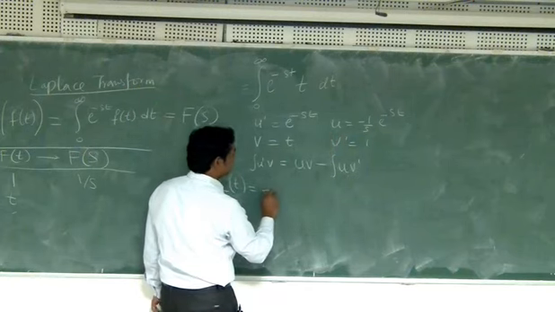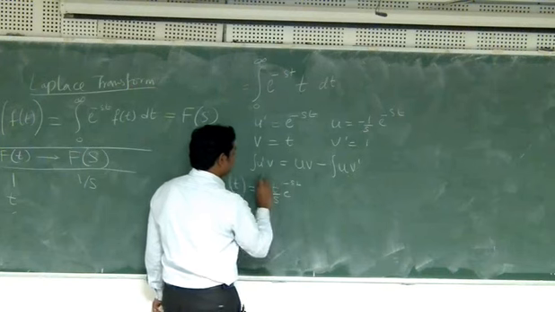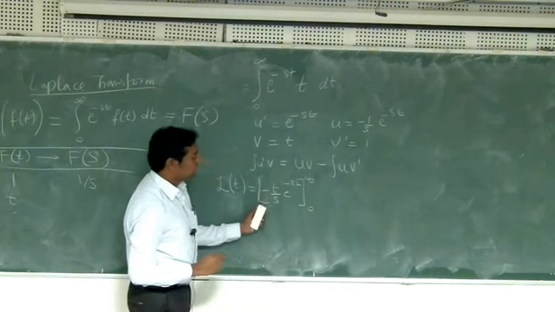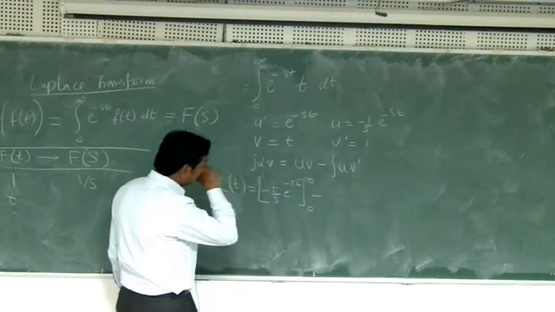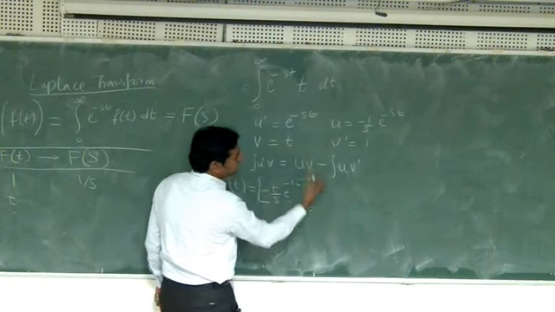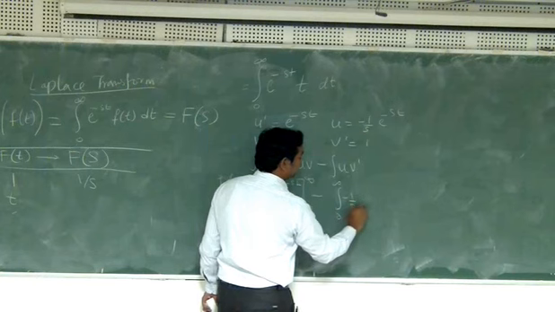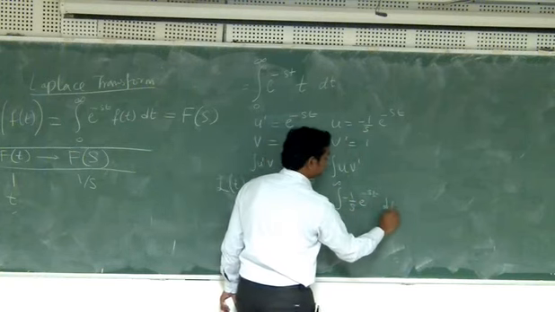So minus t by s e to the power of minus st, and the limits are 0 to infinity. This is this term, minus then now this term, u into v dash: the integral from 0 to infinity of minus 1 by s e to the power of minus st into 1, into dt.